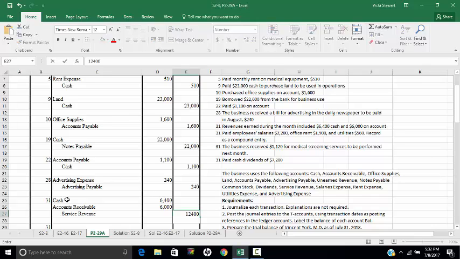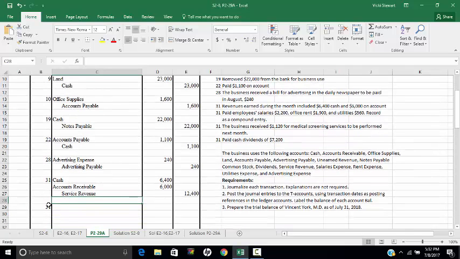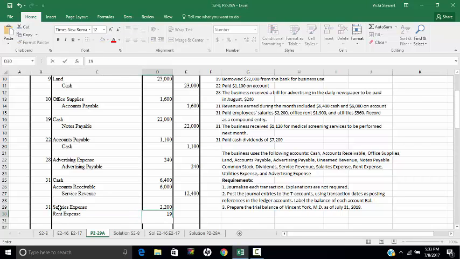The next entry says that we paid employee salaries of $2,200, office rent of $1,900, and utilities of $560, and we're going to record this as a compound entry. So we're going to debit salaries expense for the $2,200, rent expense for $1,900, and utilities expense for $560.